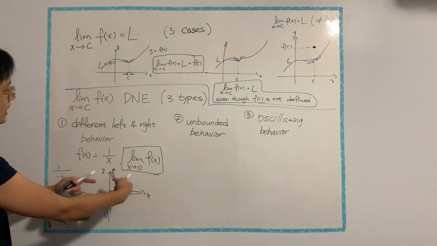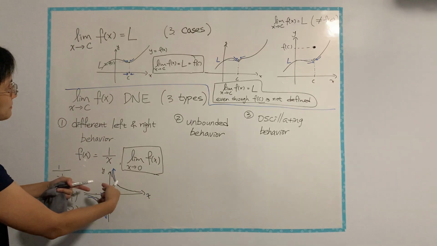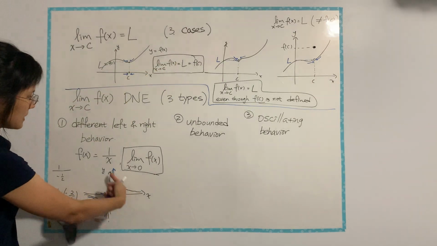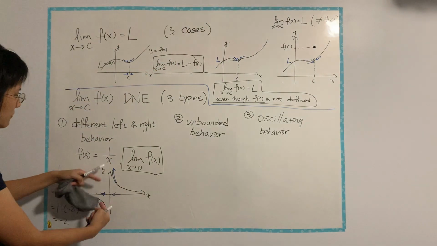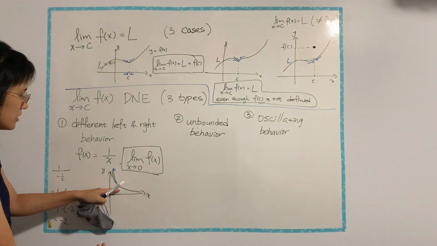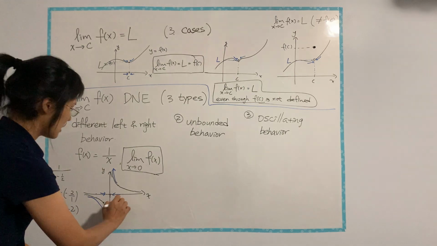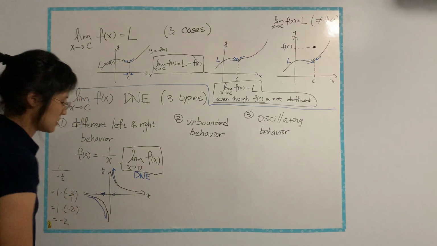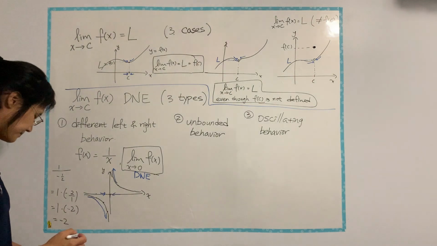Compare this with the cases we have up here. They do not meet. So I have different left hand side and right hand side behavior, and in this case, we will say this limit does not exist.